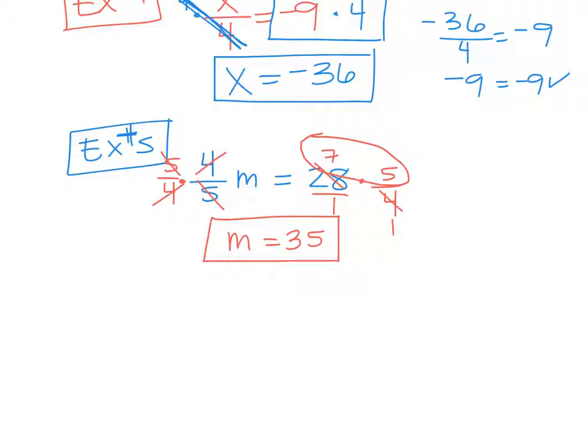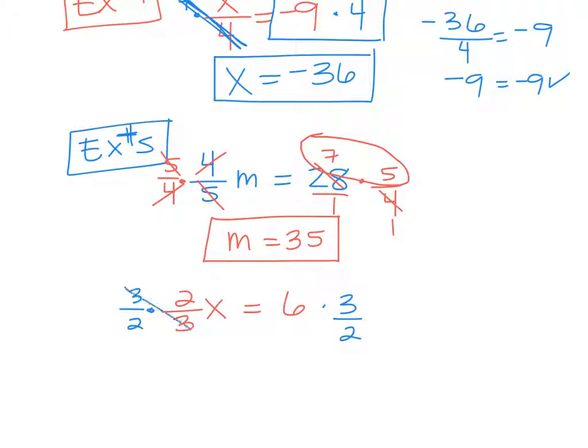How about if we had 2/3 x equals 6? Okay, right now we're multiplying by 2/3. We want to divide by 2/3 then. How do you divide by 2/3? Flip and multiply, right? So we're going to multiply instead by 3 over 2 and 3 over 2.